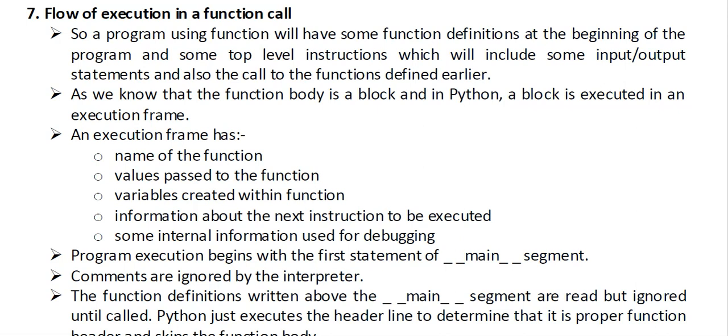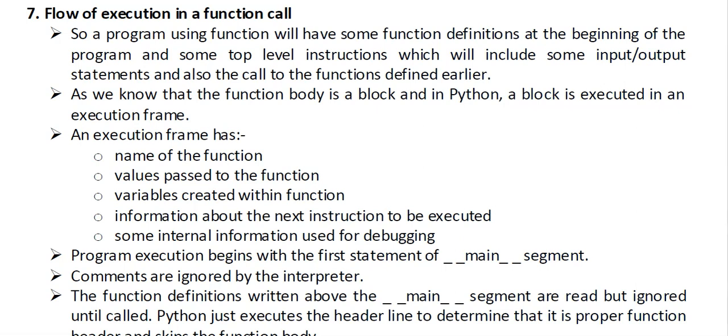In the first type, the lines will be executed one after another, but this will not be the case in the program having functions. So what will the execution be? A program using functions will have some function definitions at the beginning of the program. It's the rule. You have to write the definitions at the beginning, followed by some top level instructions.